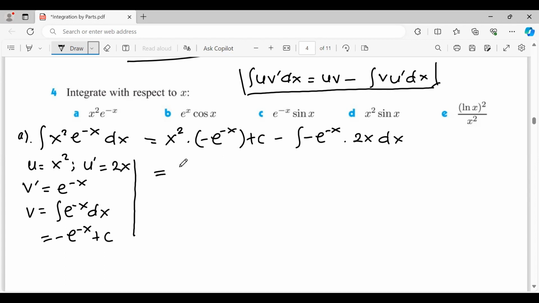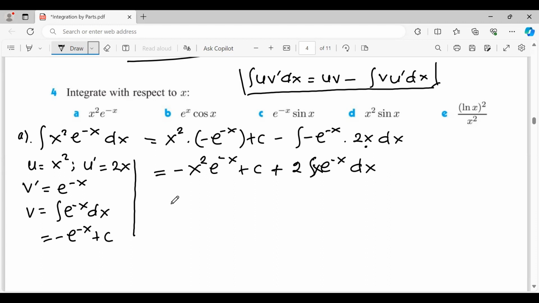So it is minus x squared e power minus x plus c, plus 2 times the integral of x e power minus x dx.